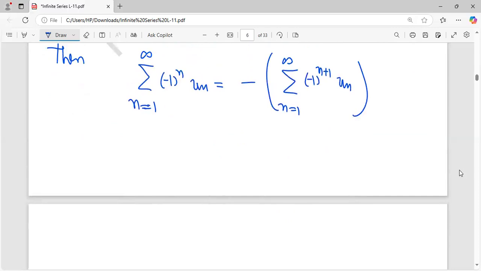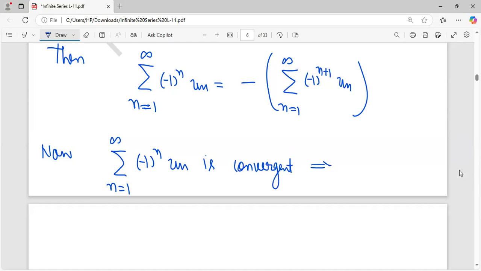So now this series is convergent if and only if this series is convergent.